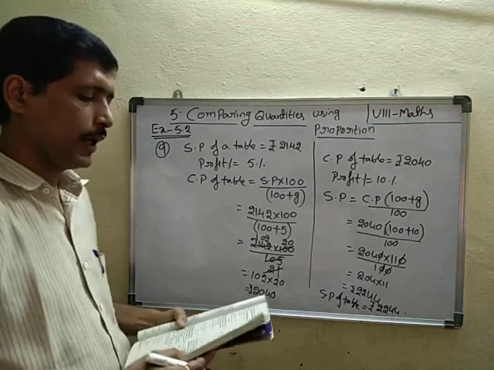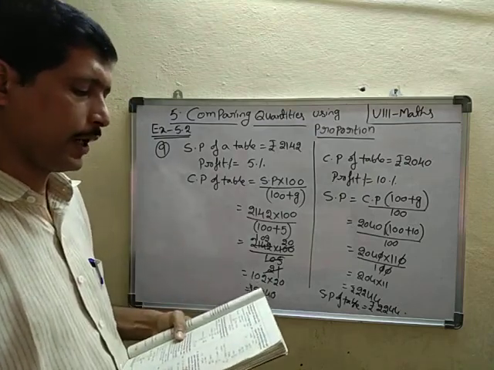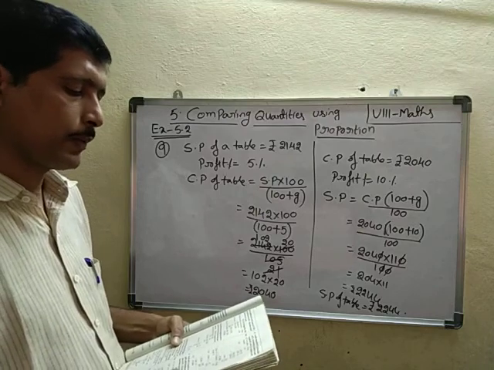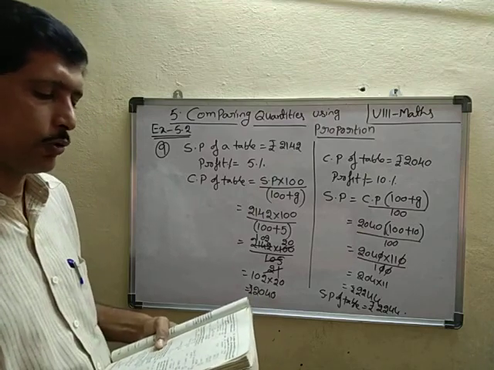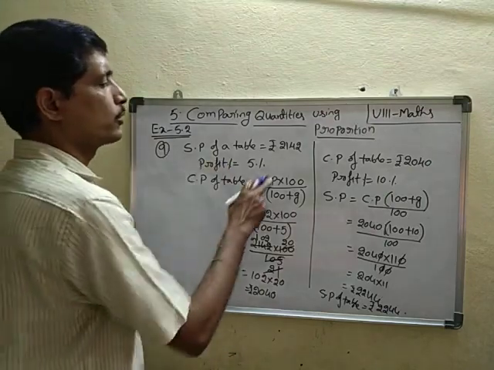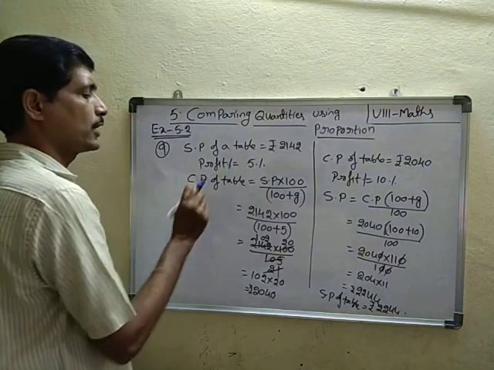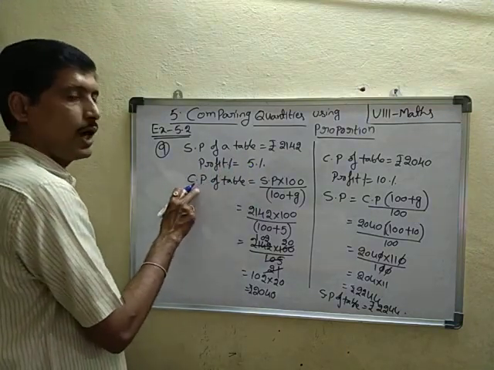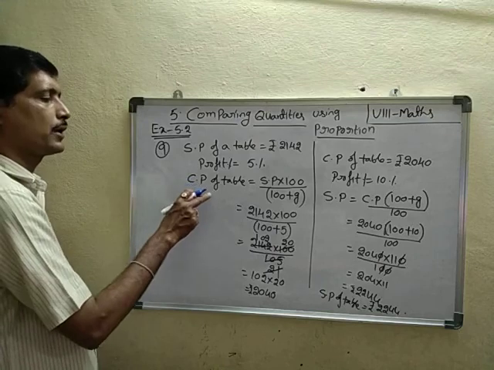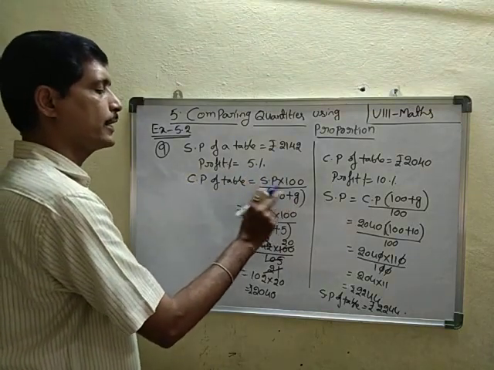One more time: a table was sold for 2140 rupees at a gain of 5%. At what price should it be sold to gain 10%? First, the selling price of the table is given, 2142 rupees, and profit equal to 5% is given. Therefore, cost price of the table equals the formula SP into 100 by 100 plus gain.